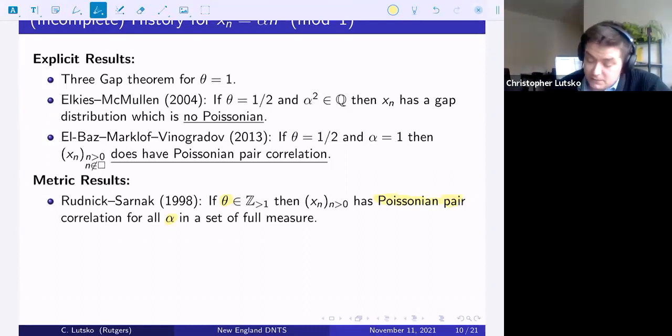What's nice about working in the metric situation is that now you can start talking about trying to bound some variance. In other words, you've introduced an integral in alpha, and you can use some Fourier analysis to introduce an exponential. So now you have an integral of an exponential, which has nice cancellation properties. That's where this proof is motivated.